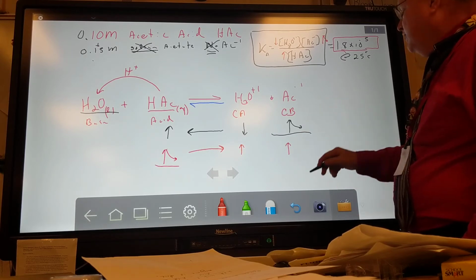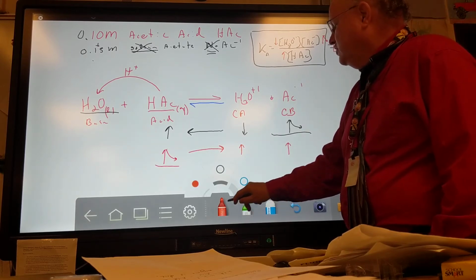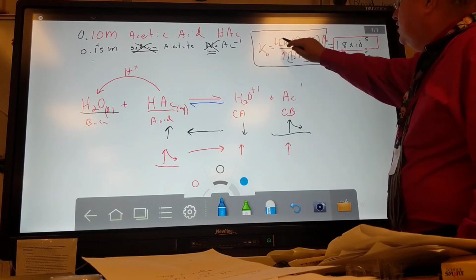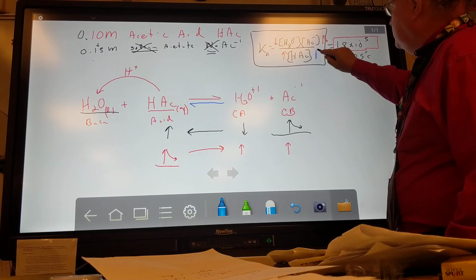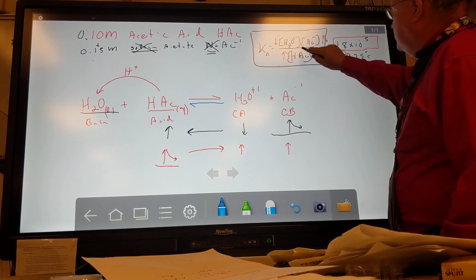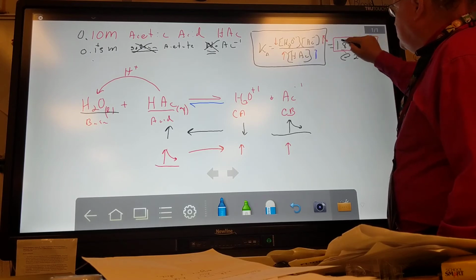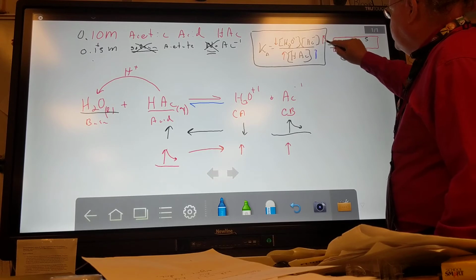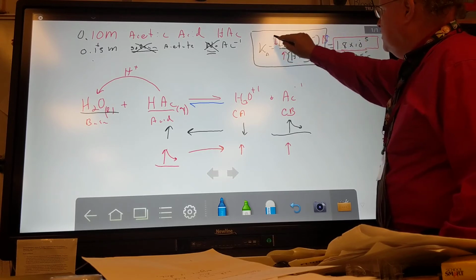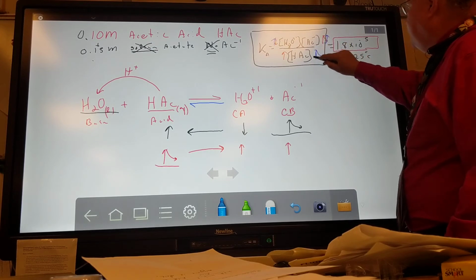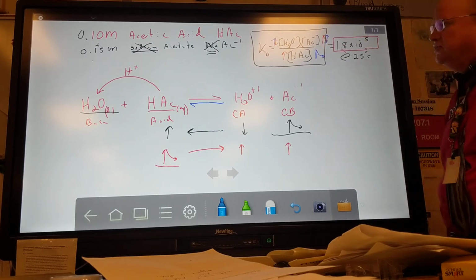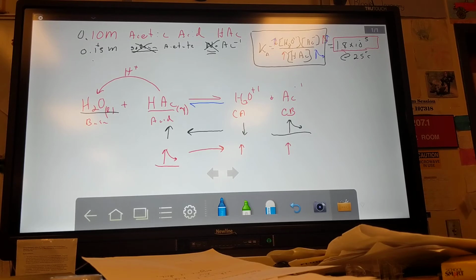Now, again, if I compare that to my equilibrium expression, increasing this initially, you can't change this number, so it's going to increase your acetate, increase your hydronium, and bring the HAC back down to keep your K constant, and that's common ion effect.